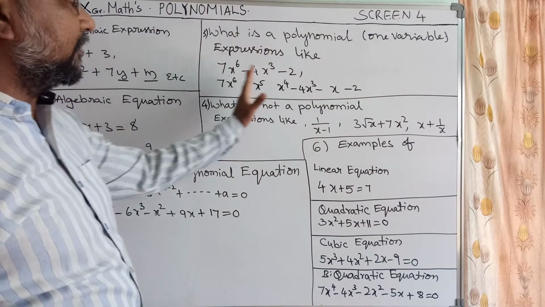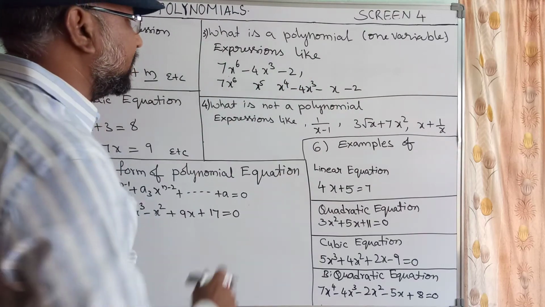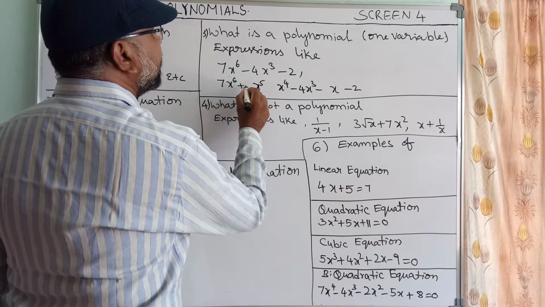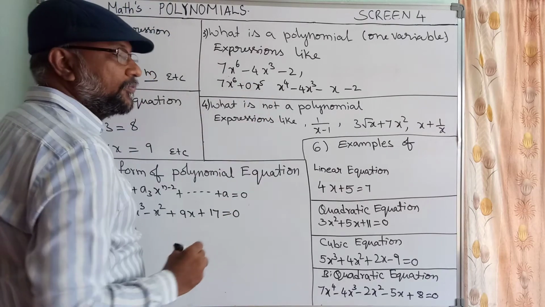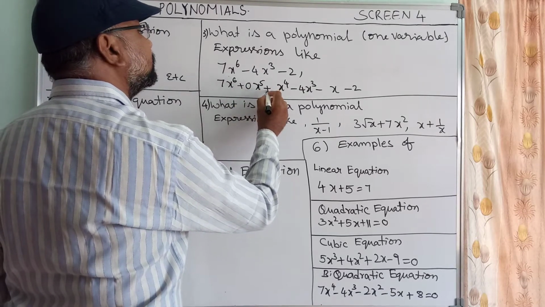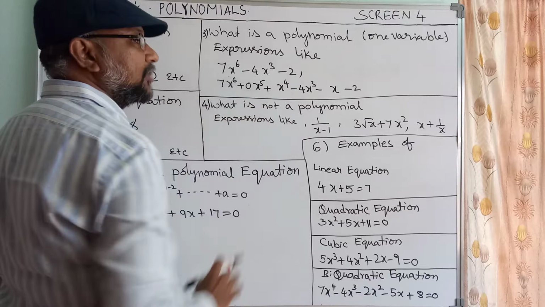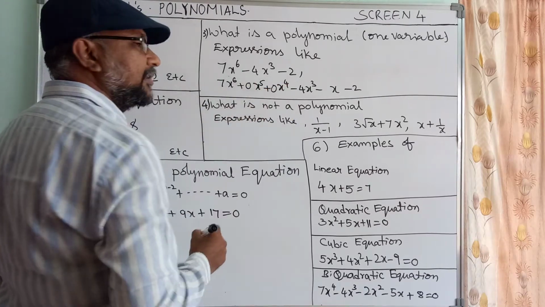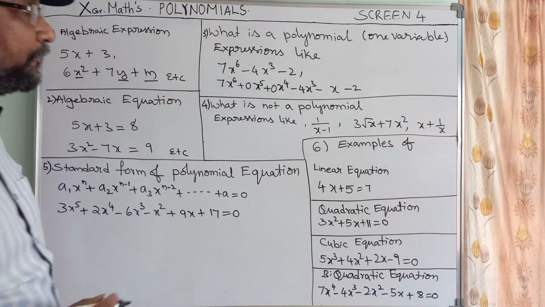This order has to be like this, but here there is a missing term, therefore you can keep a 0 here. Therefore the value of this term is going to be 0. And x power 4 is also missing, but virtually it is there, and you have to keep a 0.